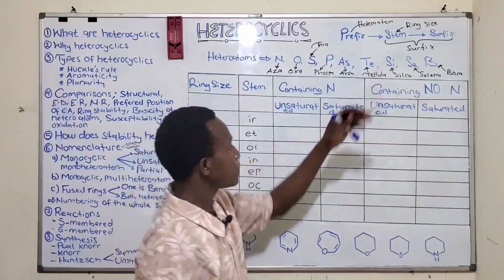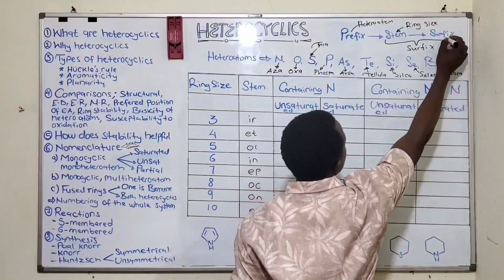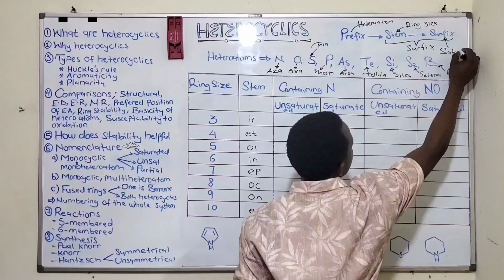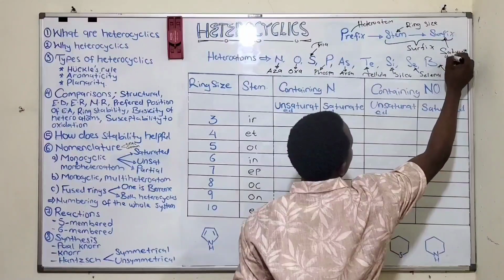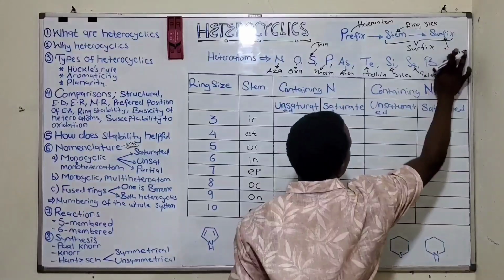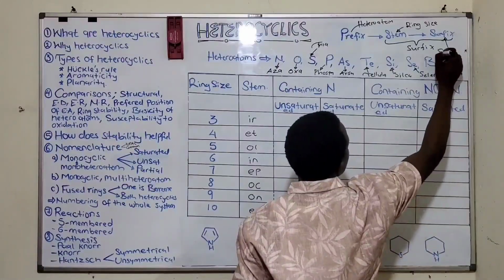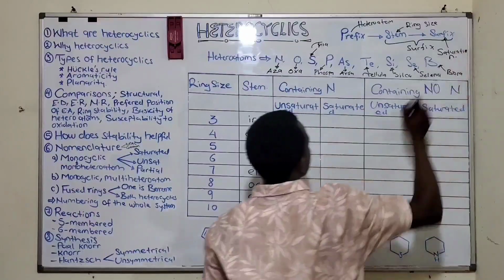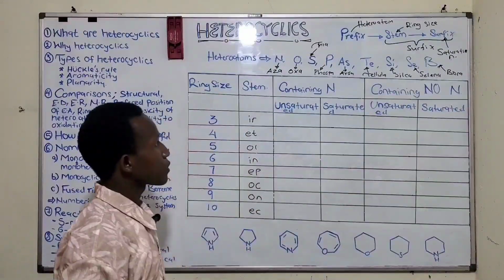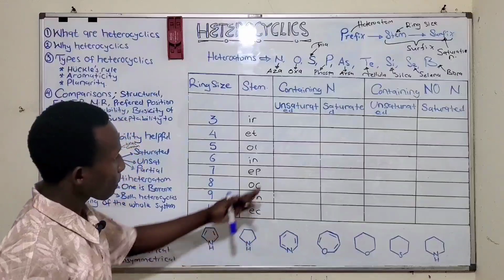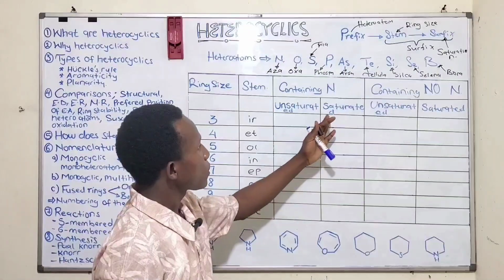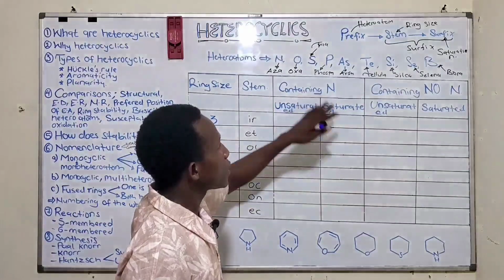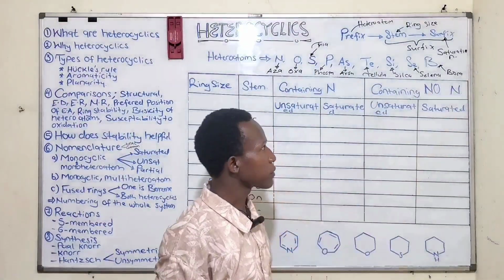Then the last part tells us whether the ring is saturated or unsaturated. So it tells us the saturation of the ring. Now we may have a saturated ring or unsaturated ring containing nitrogen, and those without nitrogen.